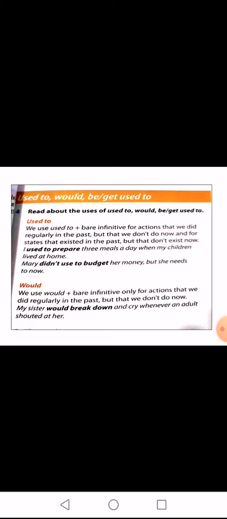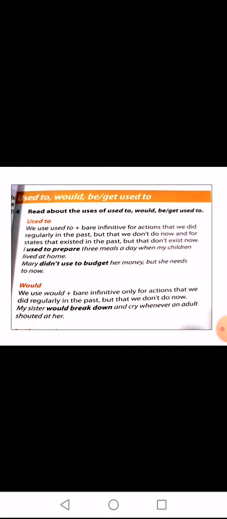Number 2: would. We use would also plus verb 1, the base form, for actions that we did regularly in the past but do not do now.